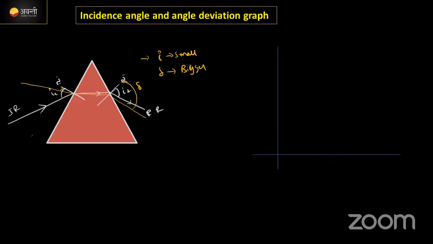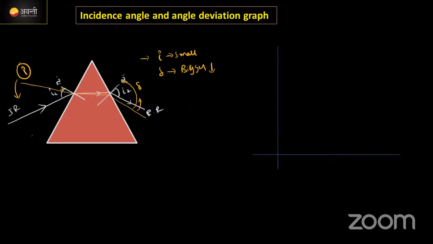Correct na? If I further keep increasing the angle of incidence in this direction, this ray will keep on going like this. What happens? The deviation angle keeps decreasing initially.